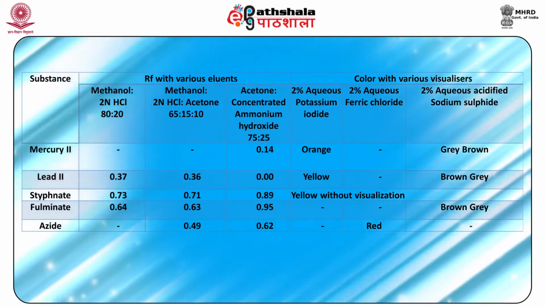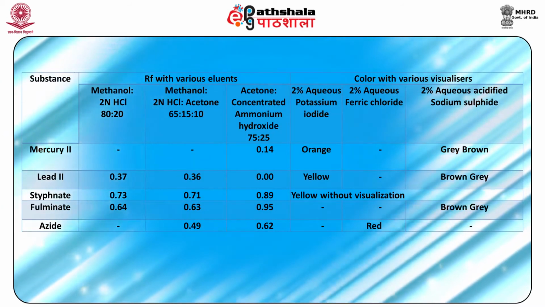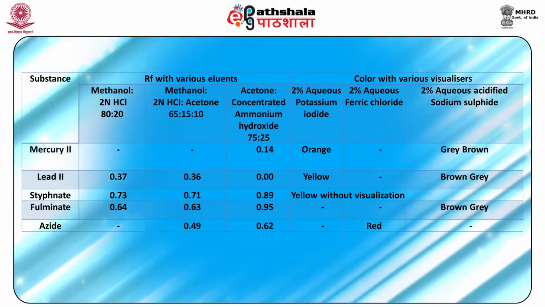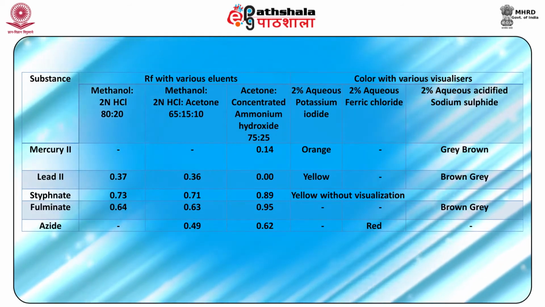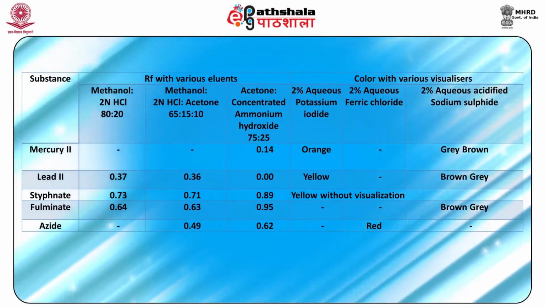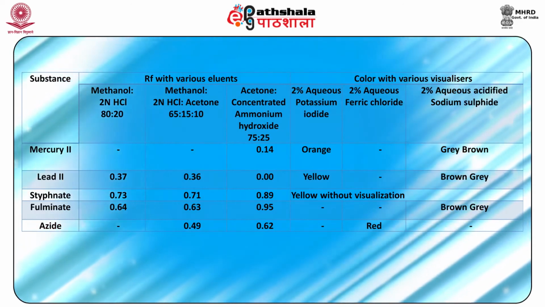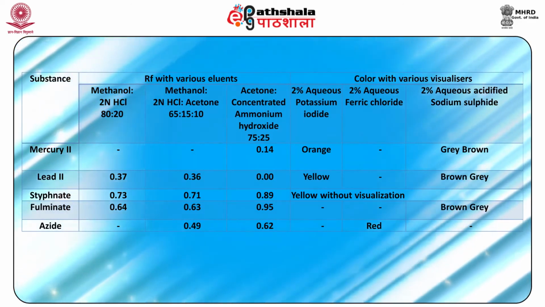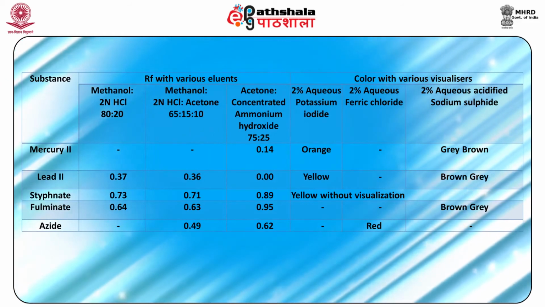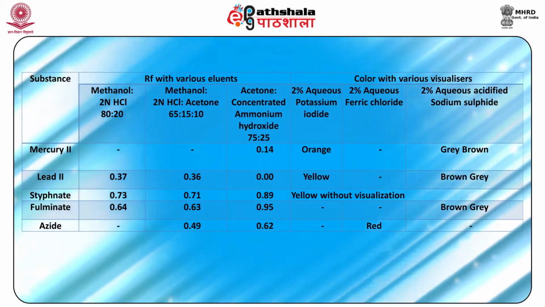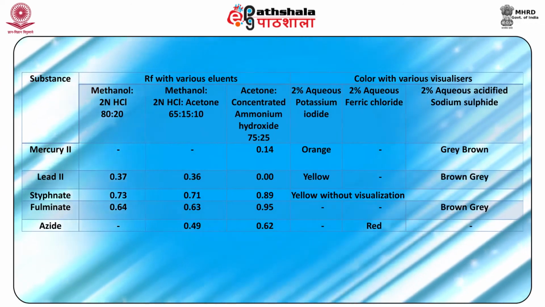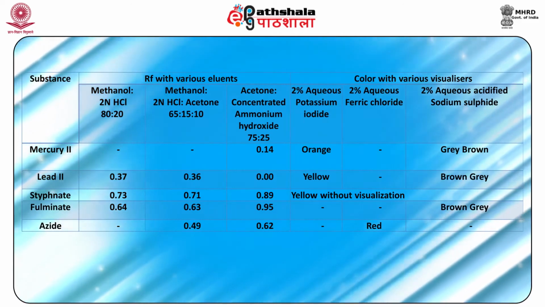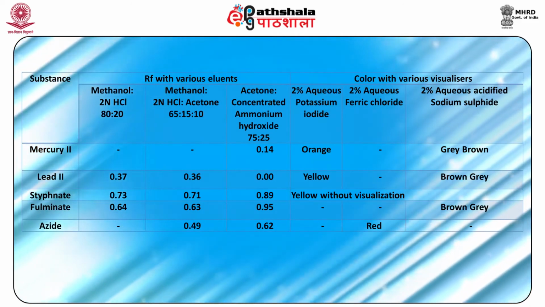So you can notice that the mercury 2 ion, the lead 2 ion, the styphnate, the fulminate or the azide have different RF values and different corresponding colored spots with the other reagents, and these will be your reference to identify which particular color and RF value applies. In case of RF values you can always run a known sample of these, which will be helpful for confirming.